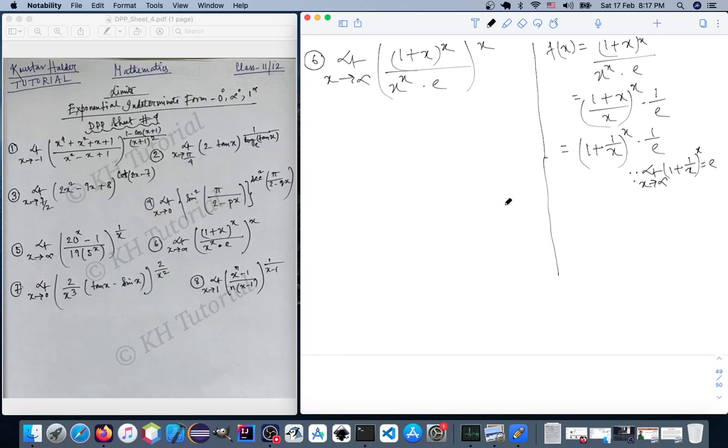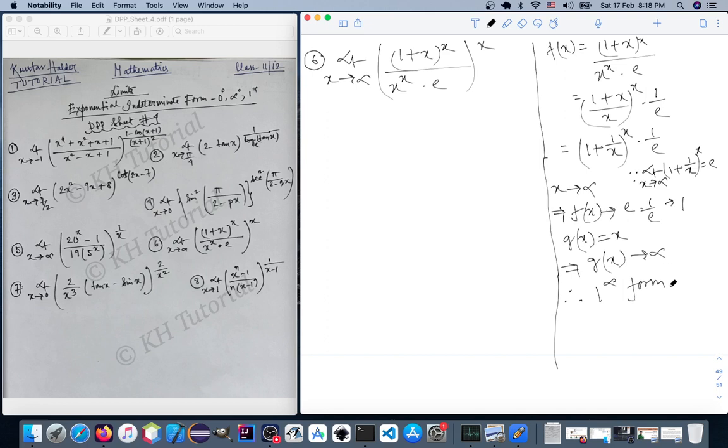Therefore, when x tending to infinity implies fx tending to 1, and gx is x implies gx tending to infinity. Therefore, the form is 1 to the power infinity form.